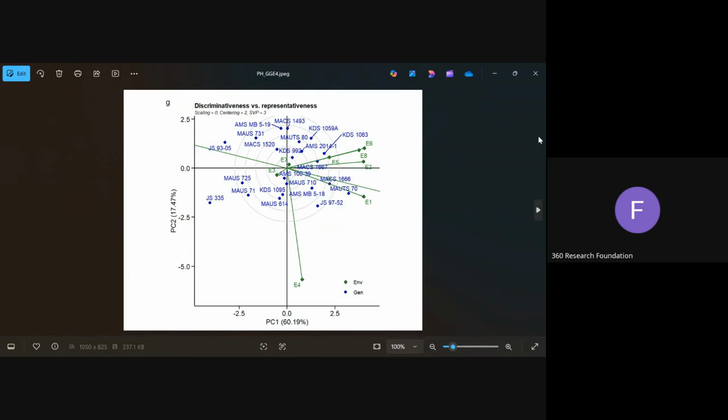Then the same thing you can interpret for environmental vectors. Some are less, some are more. They indicate the discriminating power, or the amount of variation, in that particular environment.